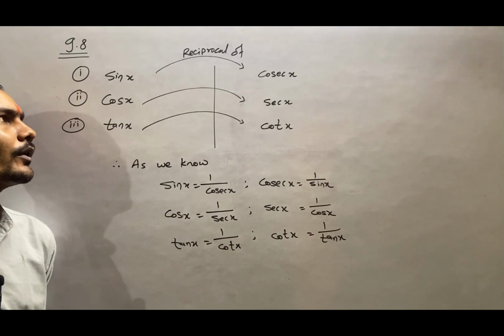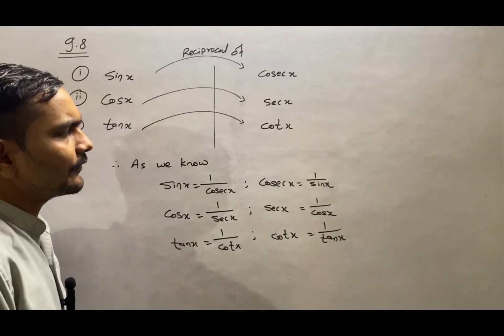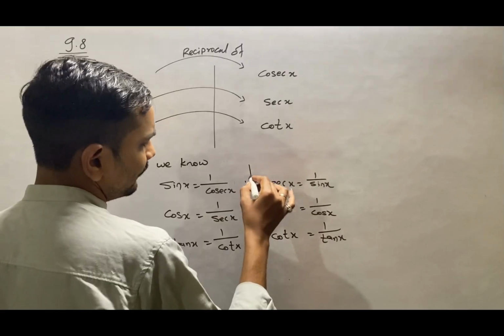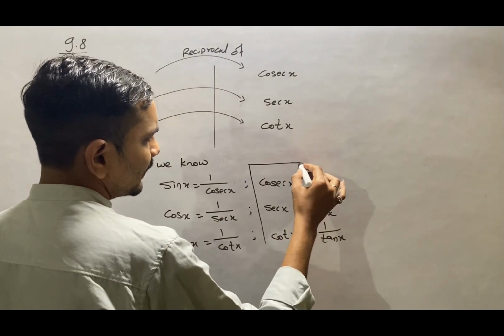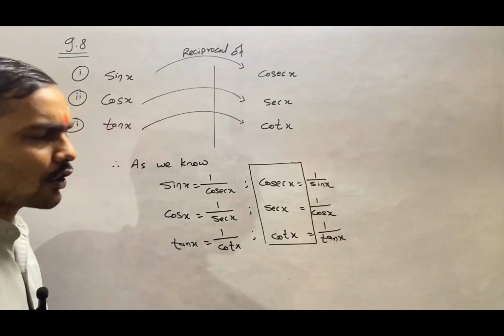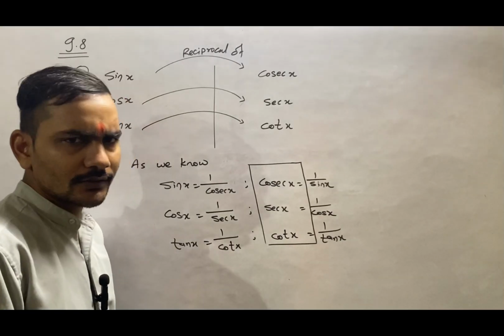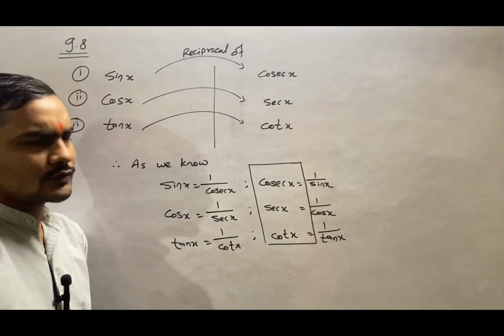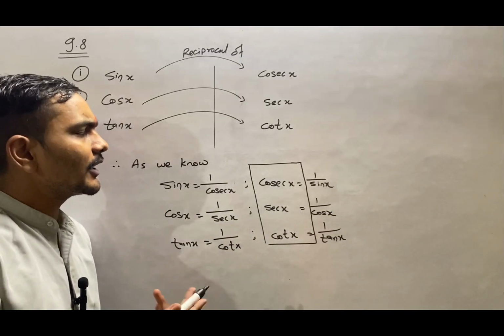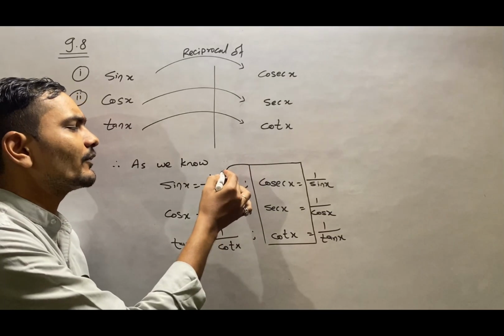So now in the further trigonometric functions, if the given function is in one of these three forms, either cot, sec or cosec, we will convert it into the reciprocal form. If we have a cosec, we will convert it into sine.